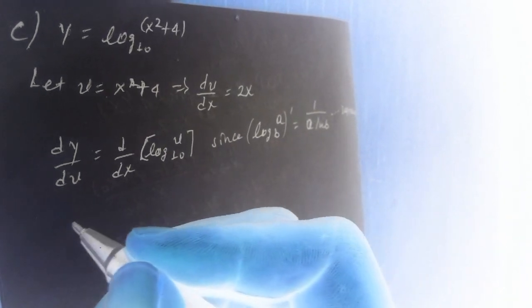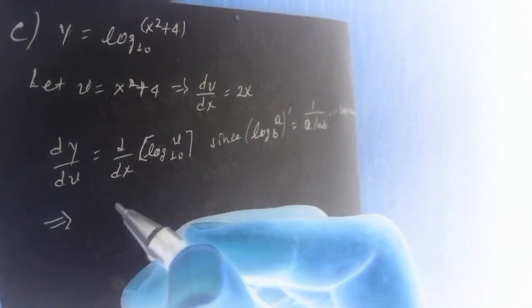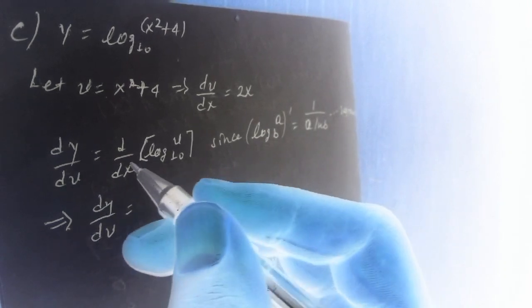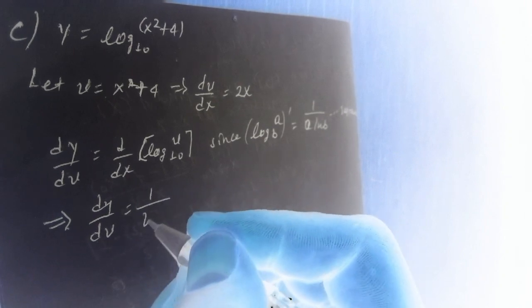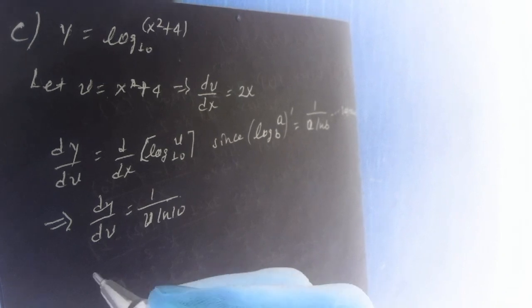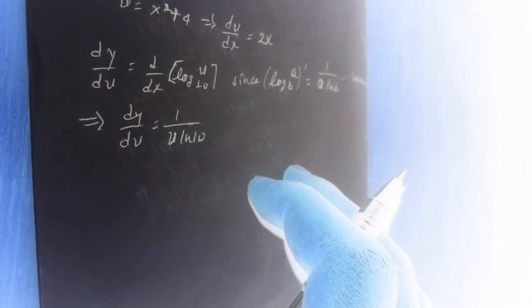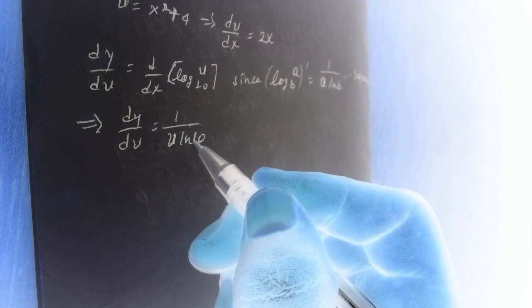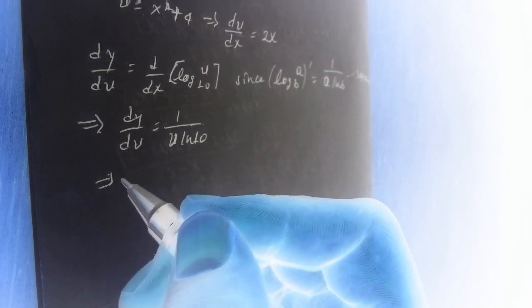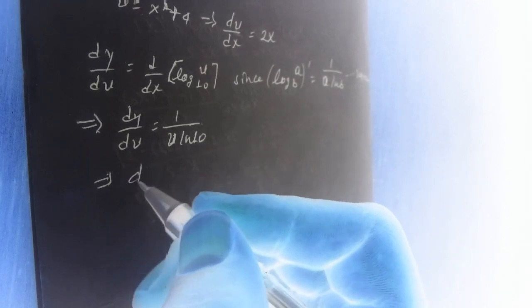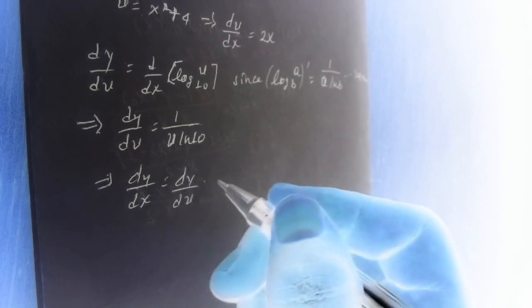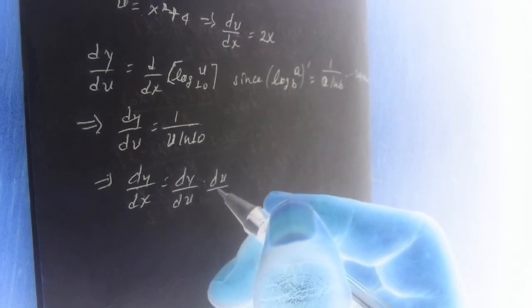From this, we can say that dy by du equals 1 over u ln 10, since the base is 10. The general formula: to find the derivative dy by dx, it equals dy by du times du by dx.